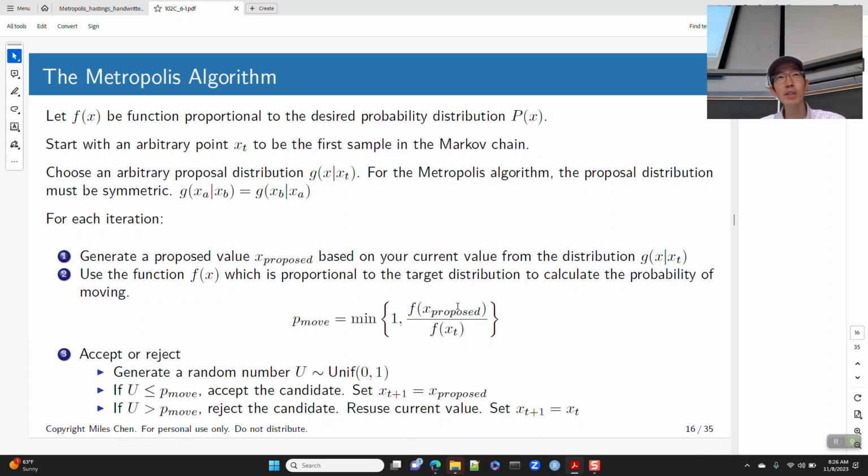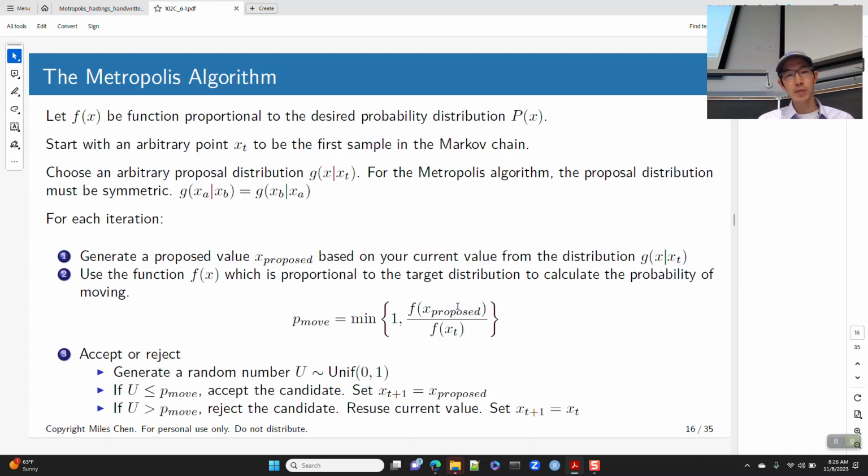Today we'll look at the Metropolis algorithm, and then another generalization of it, the Metropolis-Hastings algorithm. We'll start off with the univariate case, and then next week we'll look at generalizing that to a higher dimensional multivariate case.